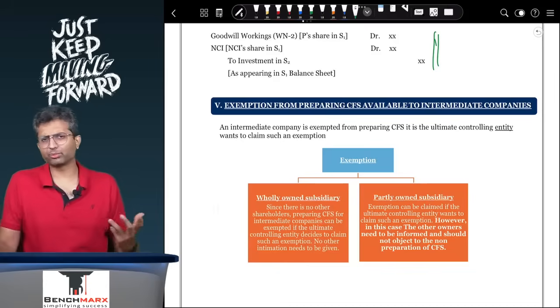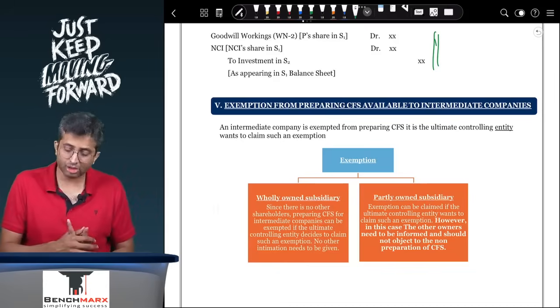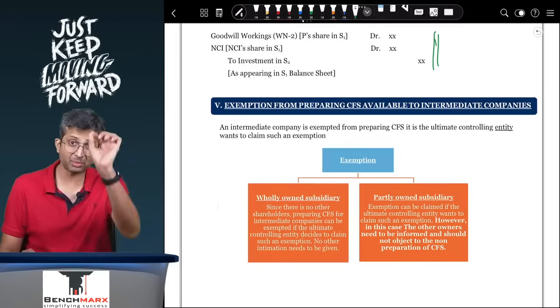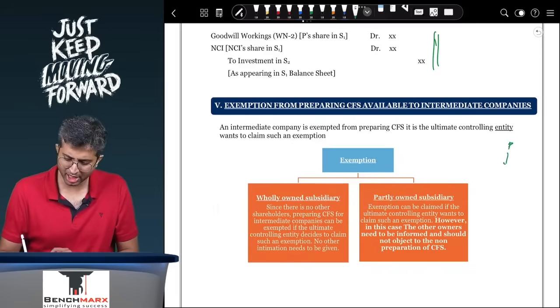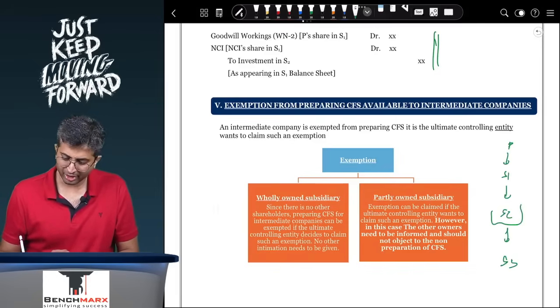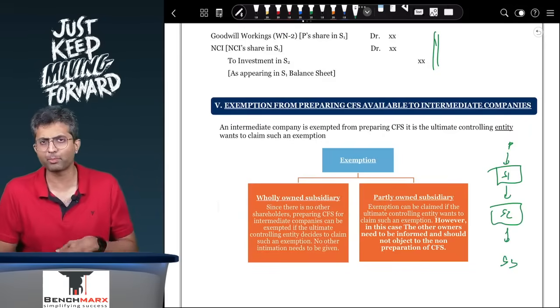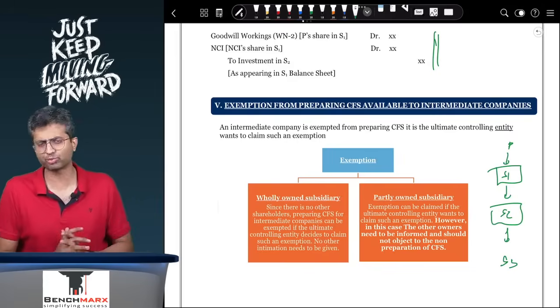Now, there are certain exemptions, just for theory, for the purpose of consolidation, which can be available in case of a wholly owned subsidiary. These exemptions are available for intermediate companies. So there is P, below P is S1, below S1 is S2, below S2 is S3. For S2 and S1, which are intermediate companies, there is an exemption available from preparing CFS. P, there is no exemption.